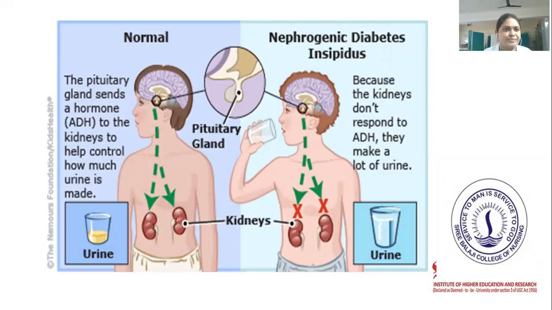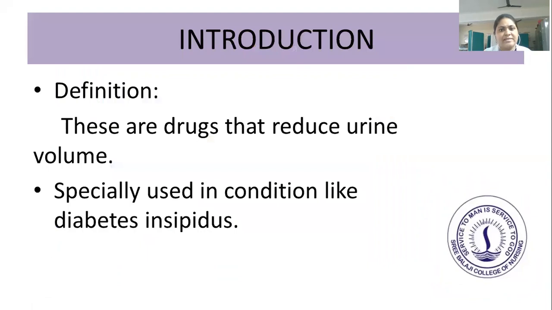That is controlled by this antidiuretic hormone. But on the next side you can see nephrogenic diabetes insipidus. That is because the kidney doesn't respond to the antidiuretic hormone normally, so they make a lot of urine, which is called diabetes insipidus.